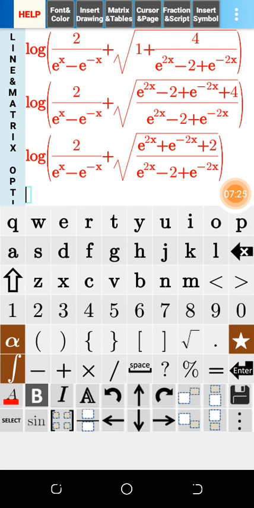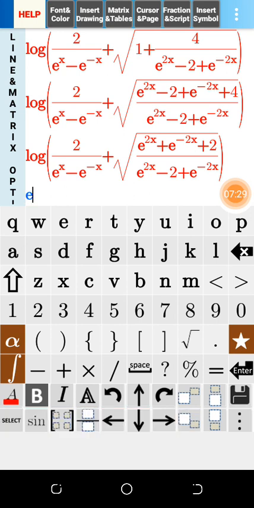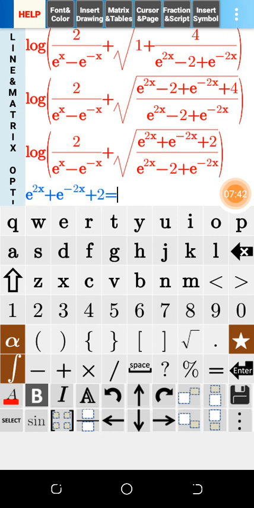If we factorize e raised to the power of 2x plus 2 plus e raised to the power of minus 2x, we are going to get e raised to the power of x plus e raised to the power of minus x, squared.